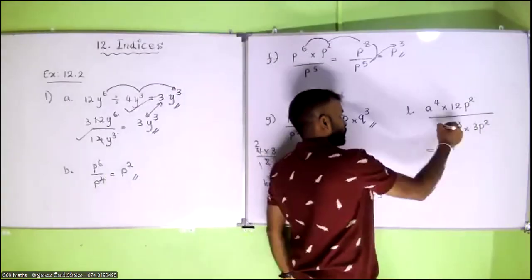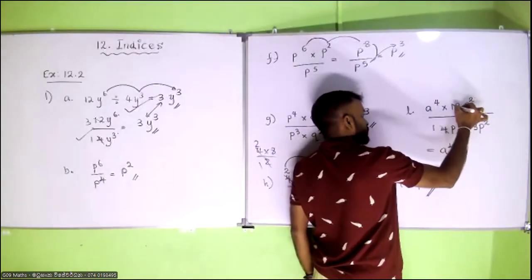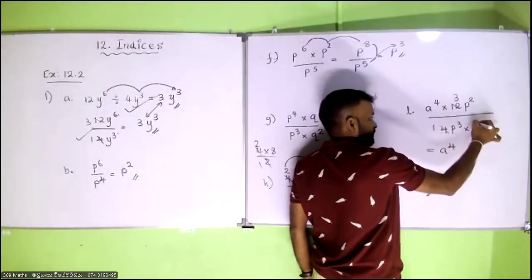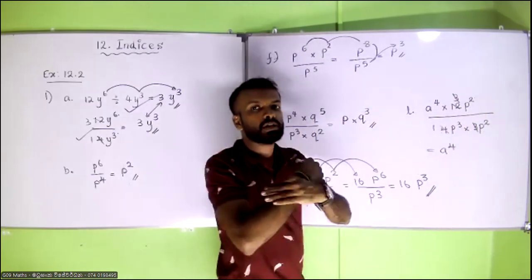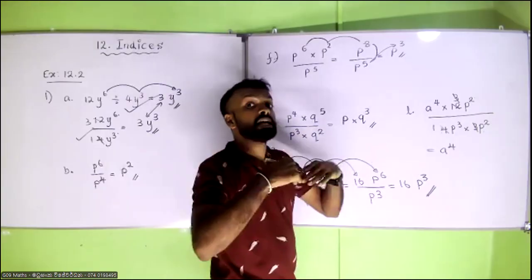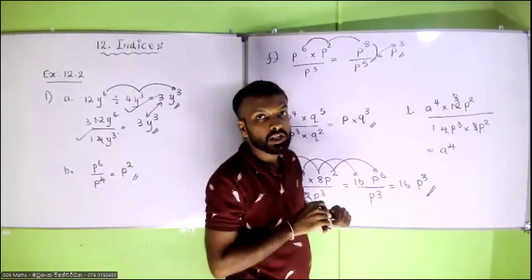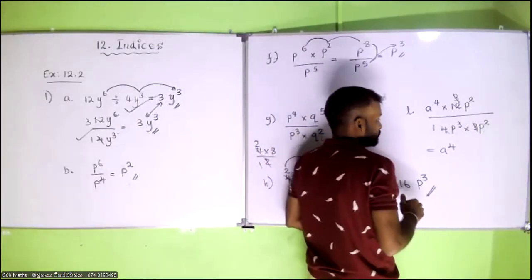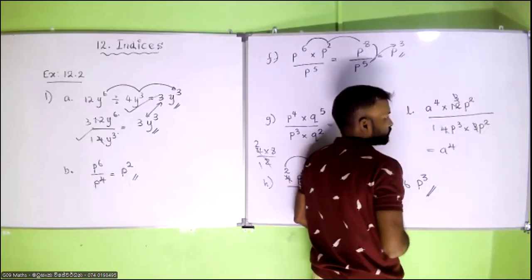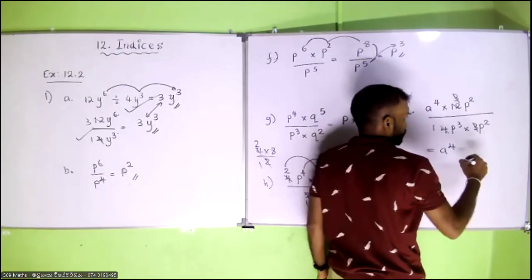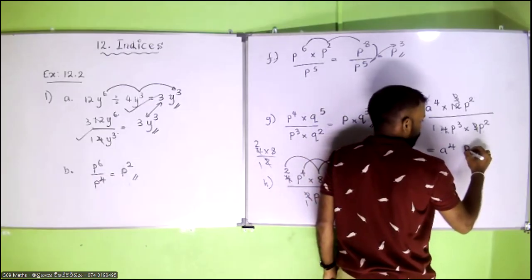But before that, 12, 4, 3. Simplify. 4 times 1, 4 times 3, 3 times 1, 3 times 1. Numbers vanish. Now you have to deal with P. Numerator P to the power 2, correct?